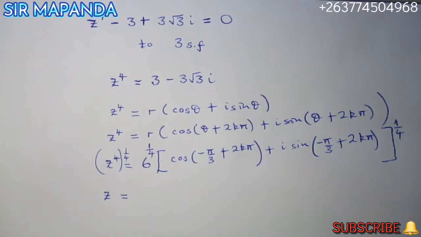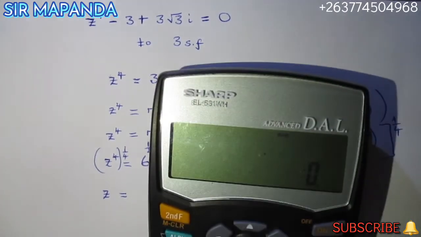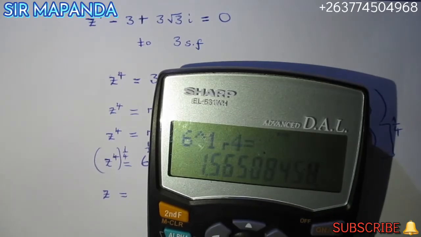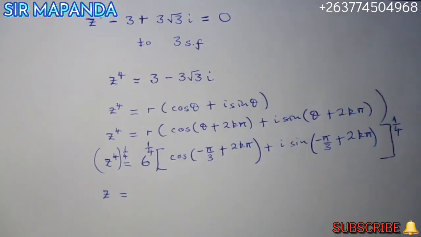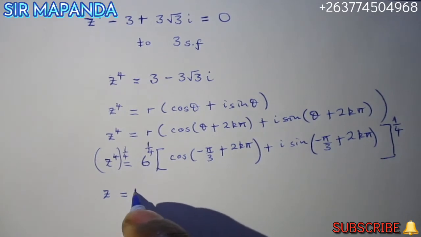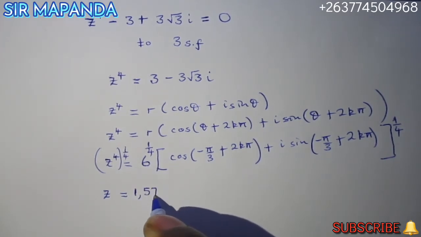Right, so what is 6 to the power of 1/4? 6 to the power of 1/4 gives you 1,57 to 3 significant figures. I hope you are following. So I'm going to write 1,57 here.